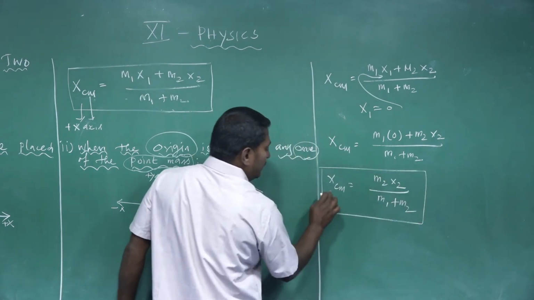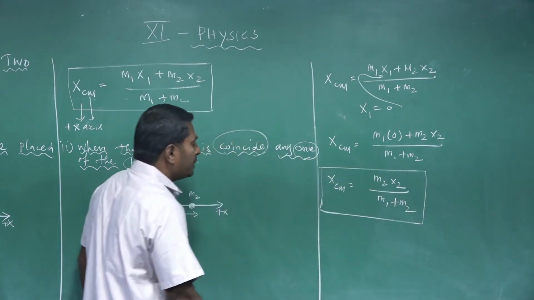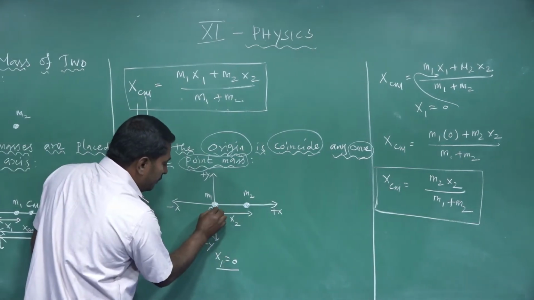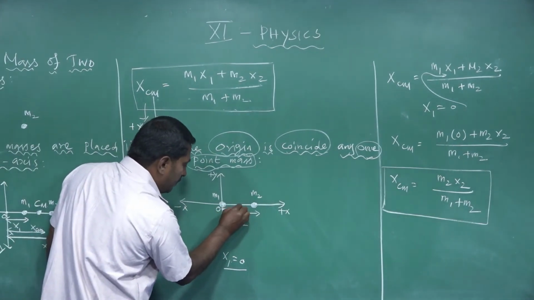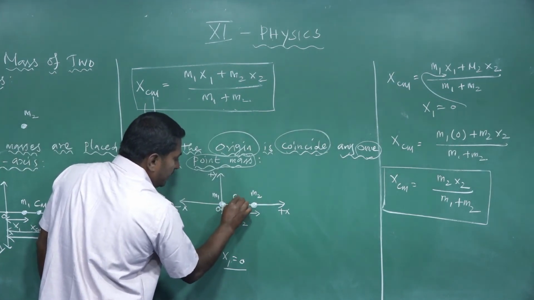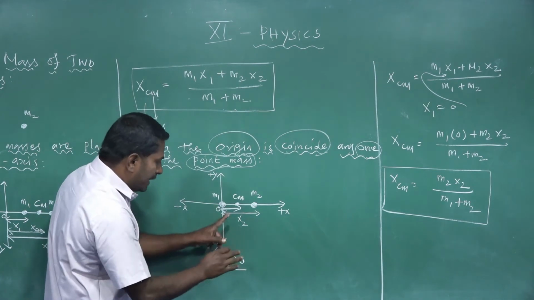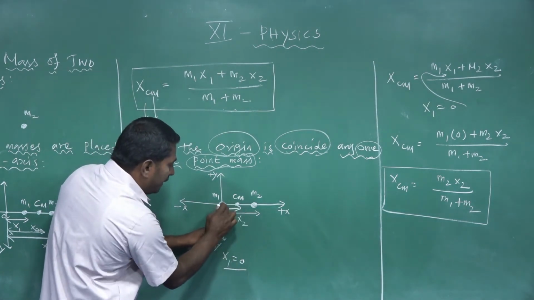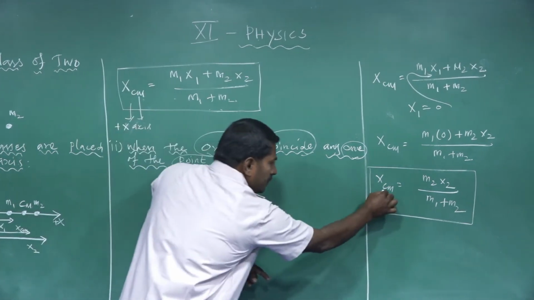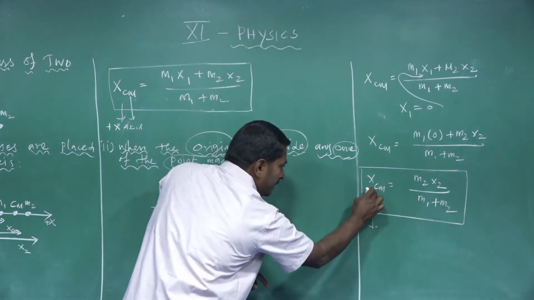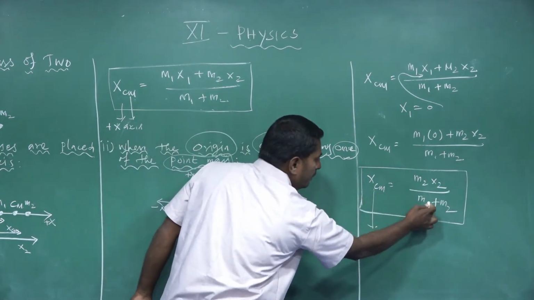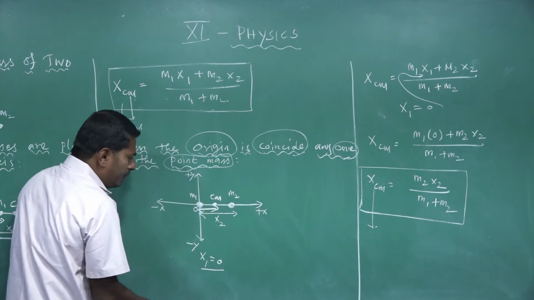So this is the position of the center of mass point of the 2 point masses of the system. In this case also, the center of mass point is lying along the positive x-axis. X_CM represents the center of mass point, which is equal to m2x2 divided by m1 plus m2.